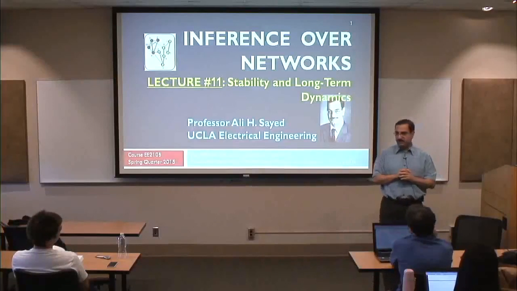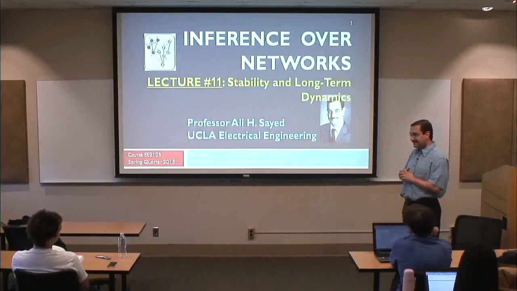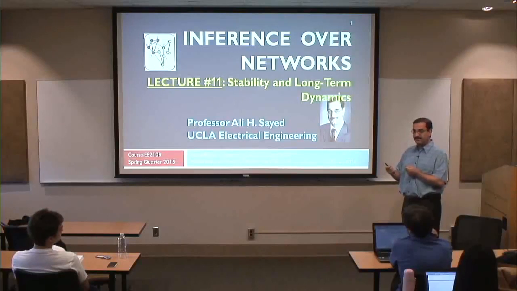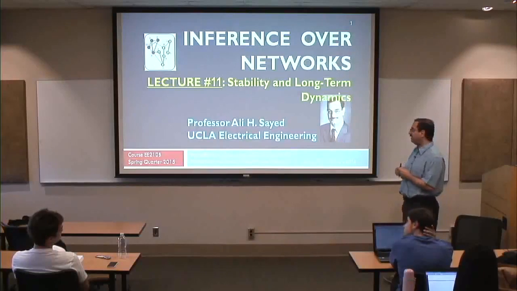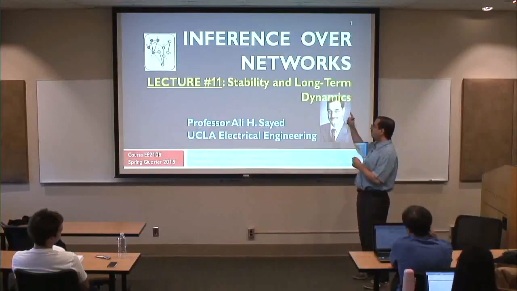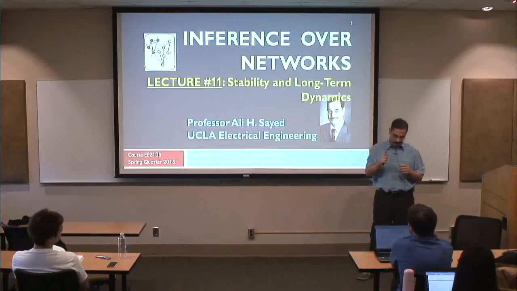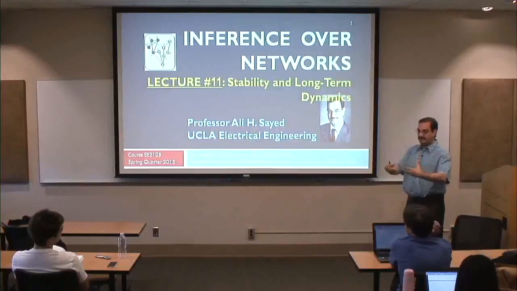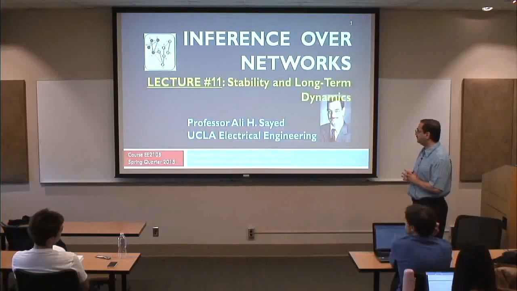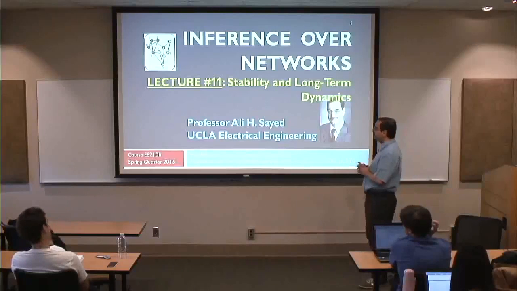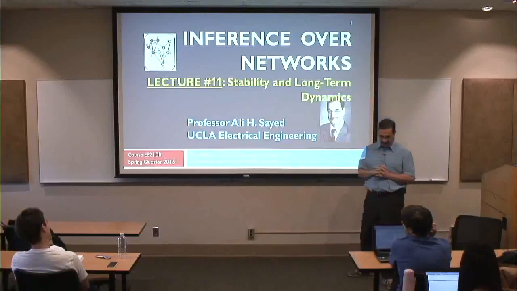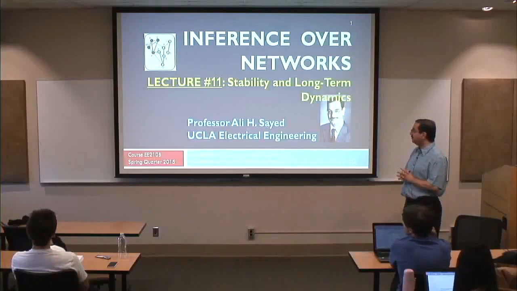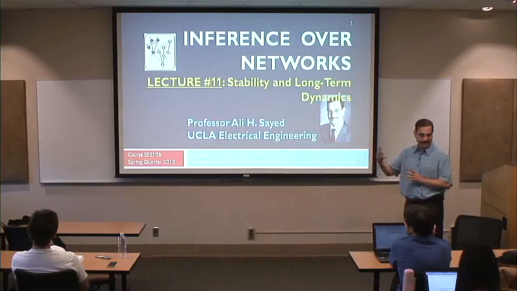It turns out that in order to assess the performance of stochastic gradient algorithms, it becomes very useful and very helpful to introduce a long-term model for the evolution of the dynamics of the algorithm. So today I'm going to motivate this model, and then you are going to appreciate why this model is useful for studying the performance of learning and adaptive algorithms, more in the next lecture.